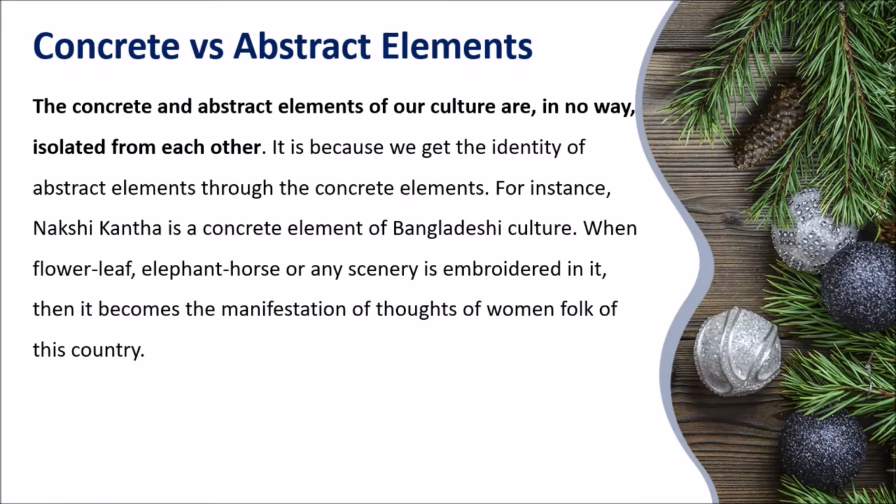For instance, Nokshikatha is a concrete element of Bangladeshi culture. When flower, leaf, elephant, horse or any scenery is embroidered in it, then it becomes the manifestation of thoughts of women folk of this country. That is to say that you cannot find abstract elements without the help of concrete elements.